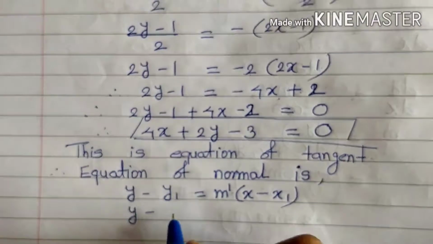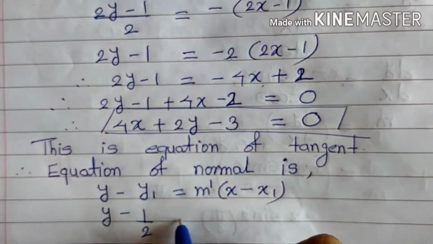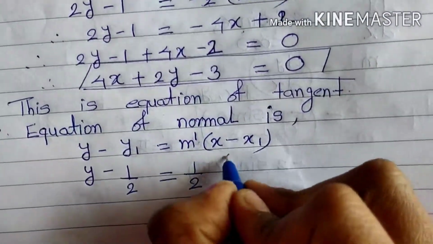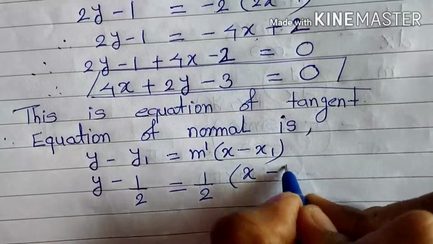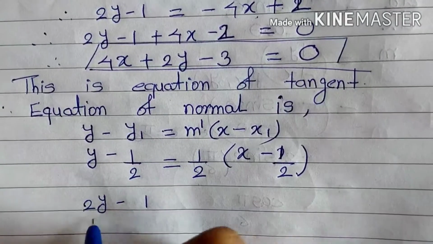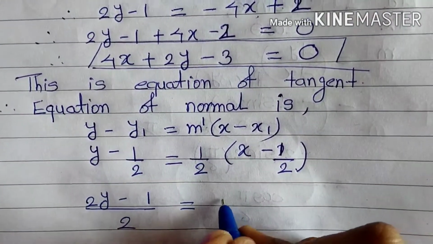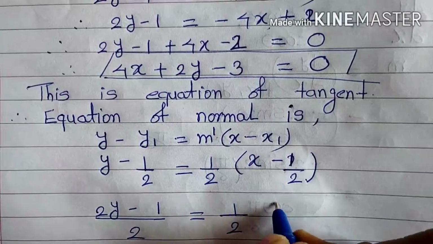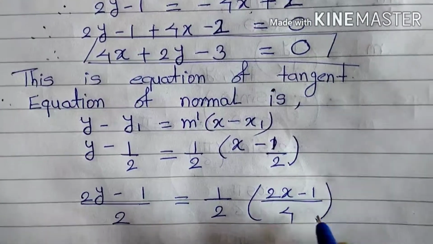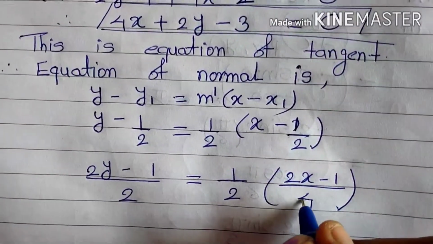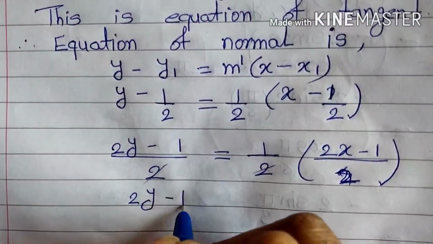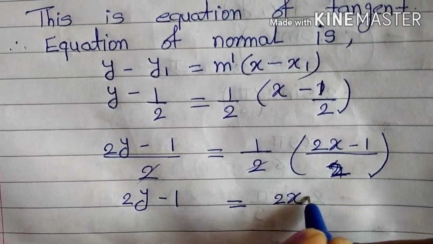So y minus 1 by 2 is equal to the value of m dash, which is 1 by 2, times x minus 1 upon 4.